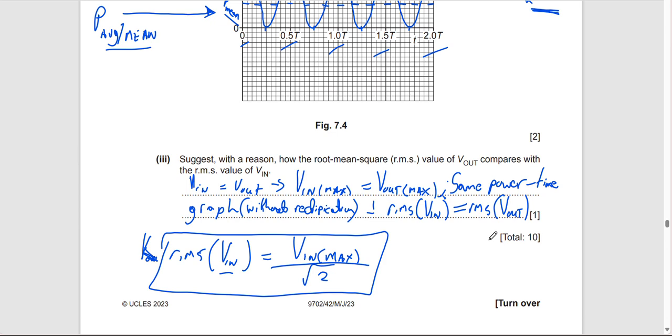Essentially, we are saying that the V out is going to be equal to the V in. Therefore, the V max in is going to be equal to V max out. So the RMS values are going to be the same, and they have the same power time graph with or without rectification.